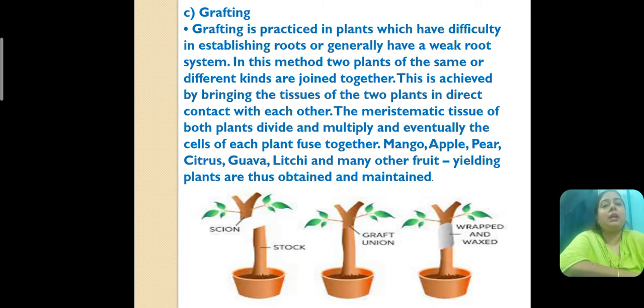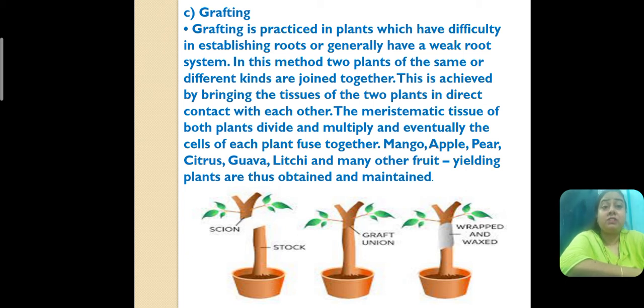The last one is grafting. Grafting is practiced in plants which have difficulty in establishing roots or generally have a very weak root system. In this method, two plants of the same or different kinds are joined together. This is achieved by bringing the tissues of the two plants into direct contact with each other.